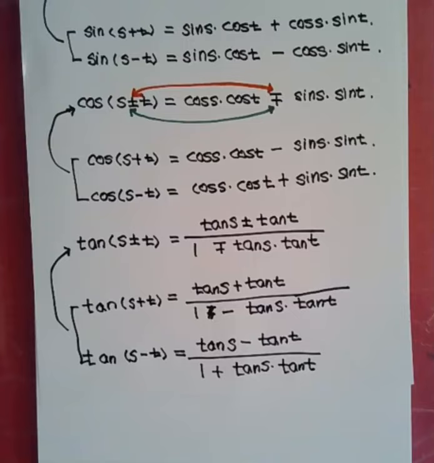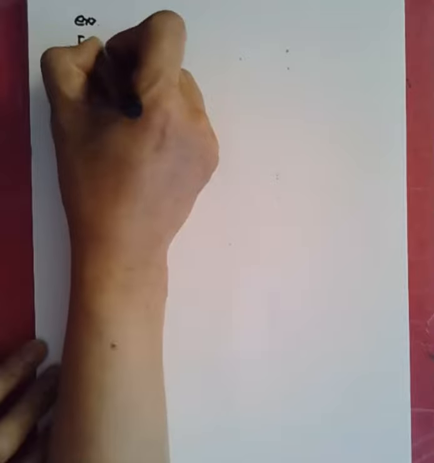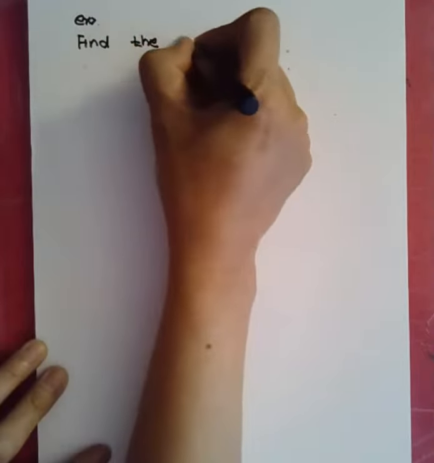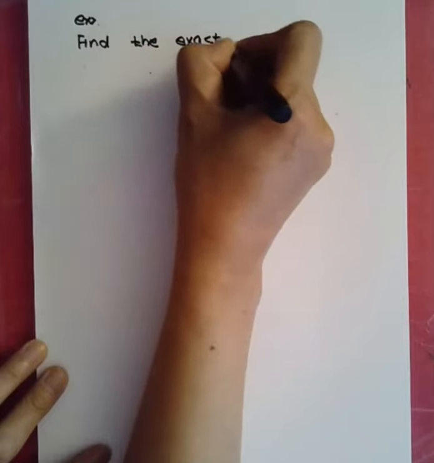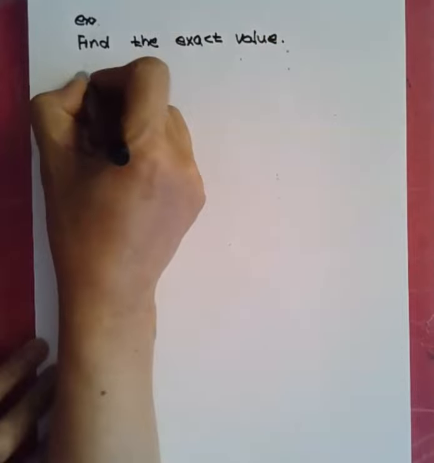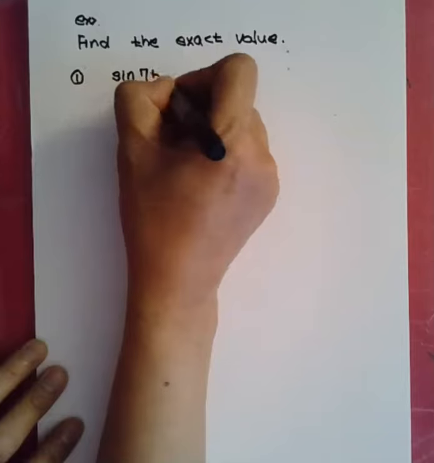You can understand the nature of the formula a lot better if you work on the problems. Find the exact value. The first problem is sine of 75 degrees.